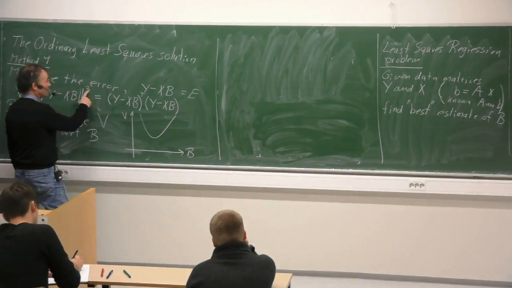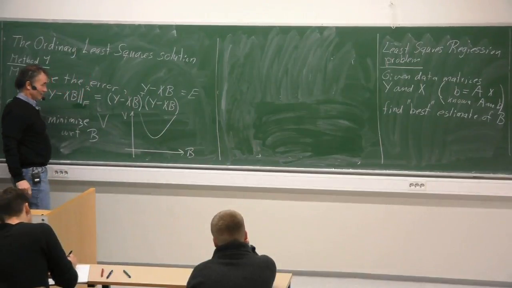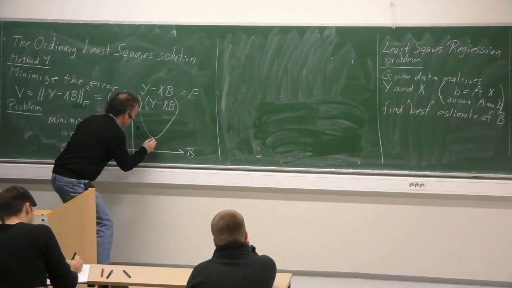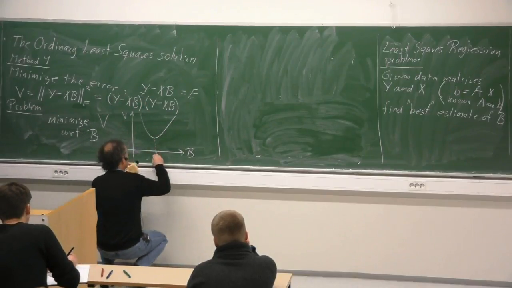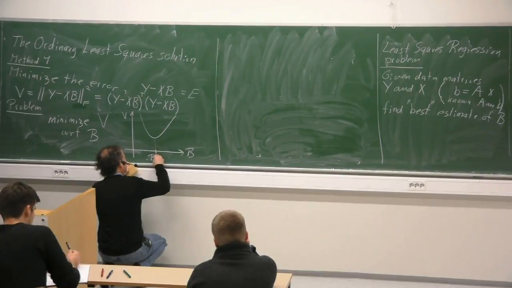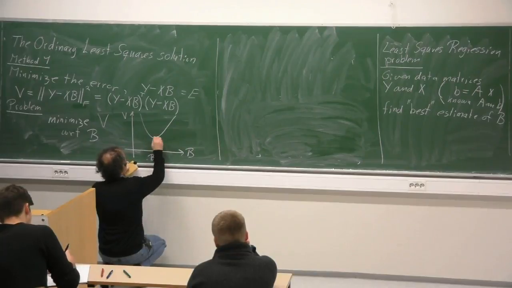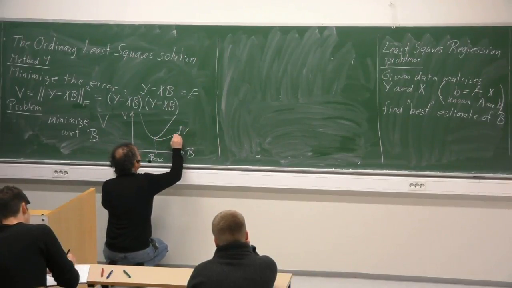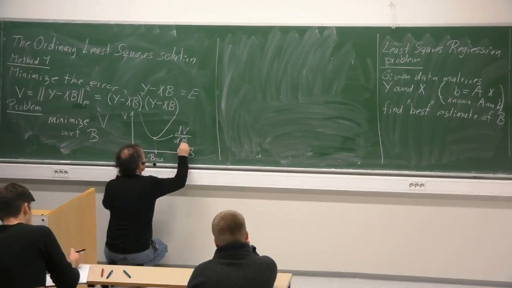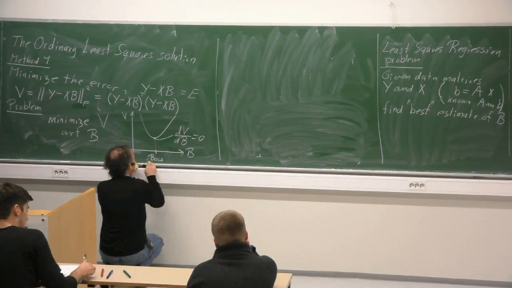since I have squared here. And in the minimum, here, we will have the ordinary least squares regression, OLS. And exactly in the minimum, the derivative dV with respect to b would be equal to 0.